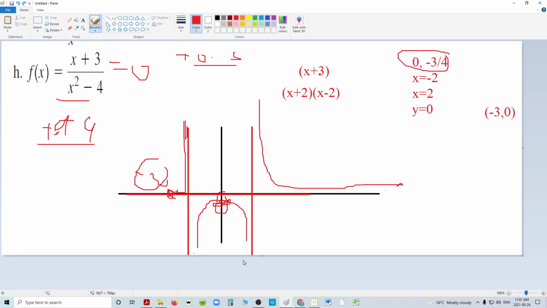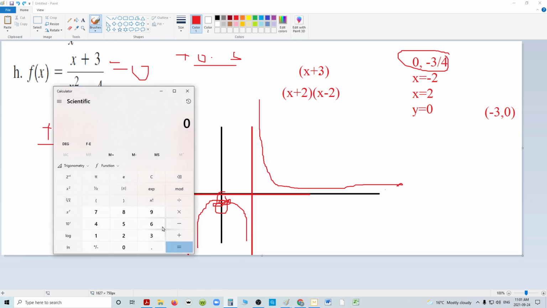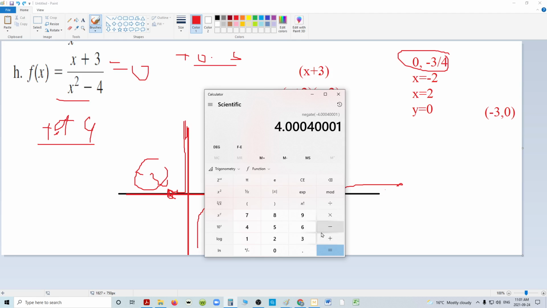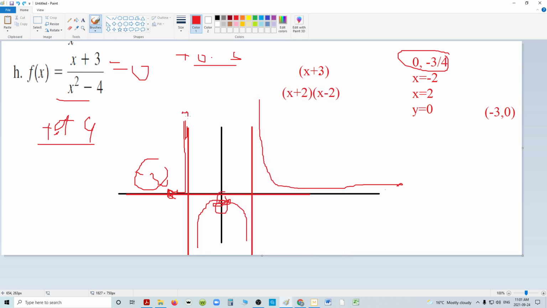When I take negative 2.001 and square it, it becomes positive. And then when I subtract 4, I get a tiny, tiny number, which means 1 divided by a tiny, tiny number is way up here. So it's going to come down. All I need to do is figure out the min and max points. So that's what it does. So that means I need to take the derivatives.